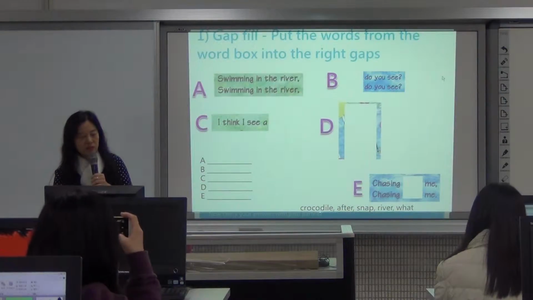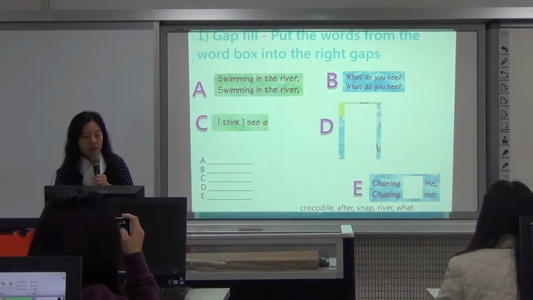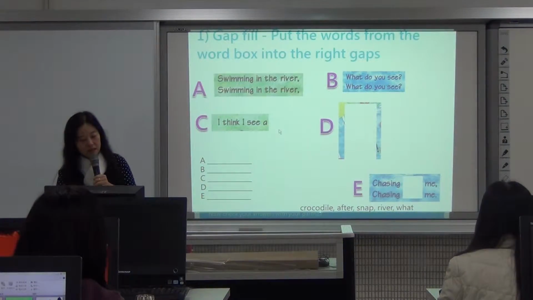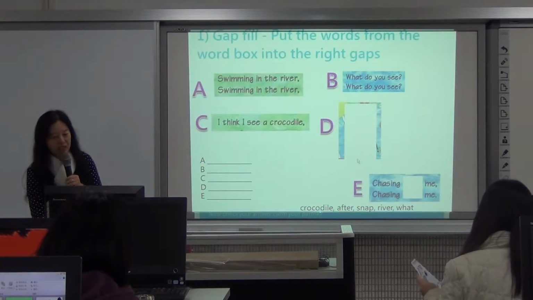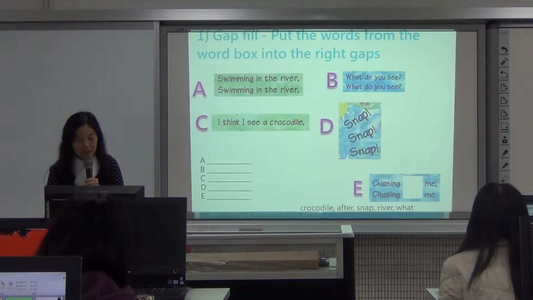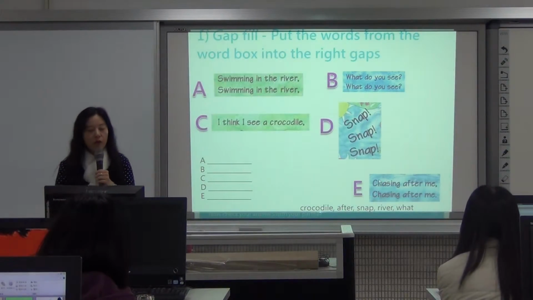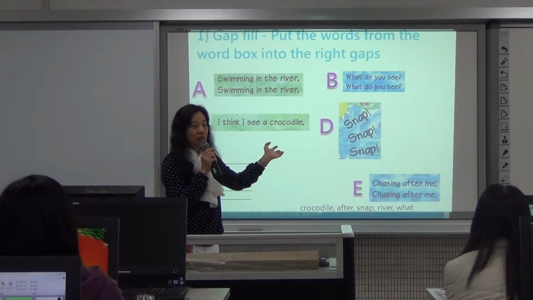B, do you see what? C, I think I see A. The only noun here, crocodile, right? D, what's that? Snap, snap, snap. E, after.